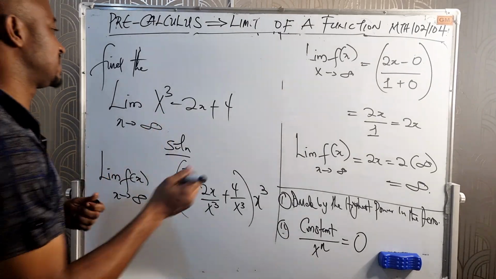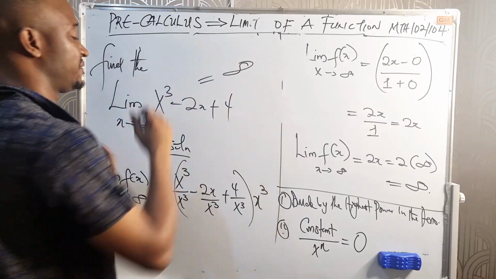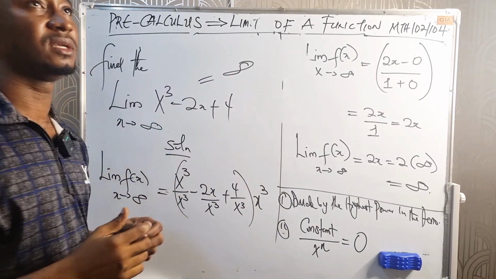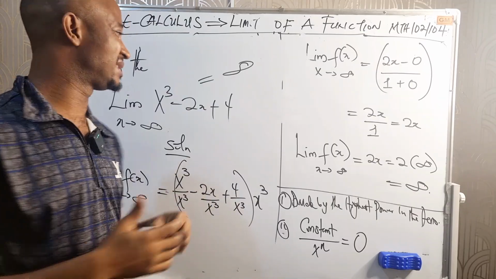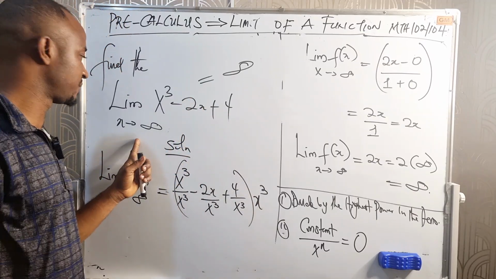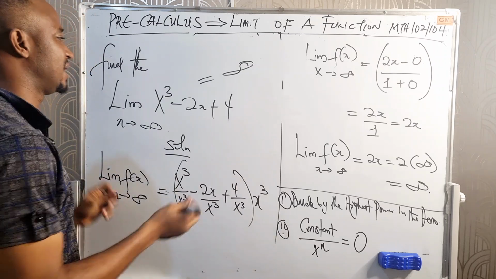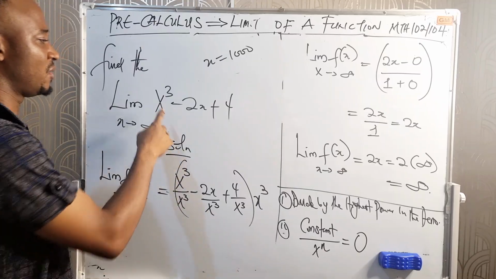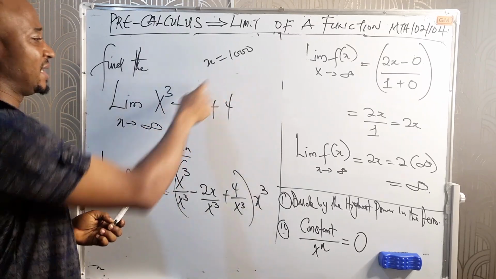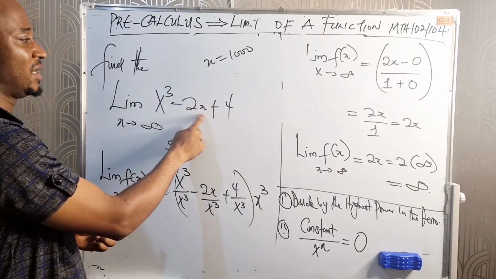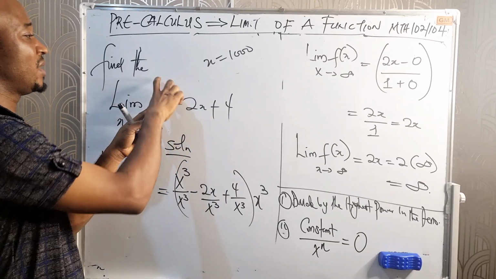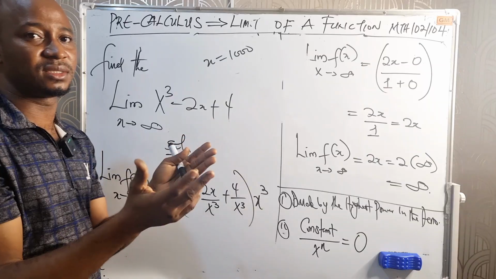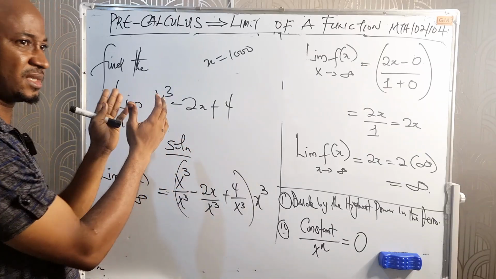The answer to this is simply positive infinity, because 4 and 2x are inconsequential, meaning they are not needed to find the limit of a polynomial. The reason being that, let's say for example x is 1000, this will give us about 1 billion. Multiply 2 times 1000, that will give us 2000. So if you subtract 2000 from 1 billion and add 4, it will almost give you nothing. So the more the value of x, the more the infinity.